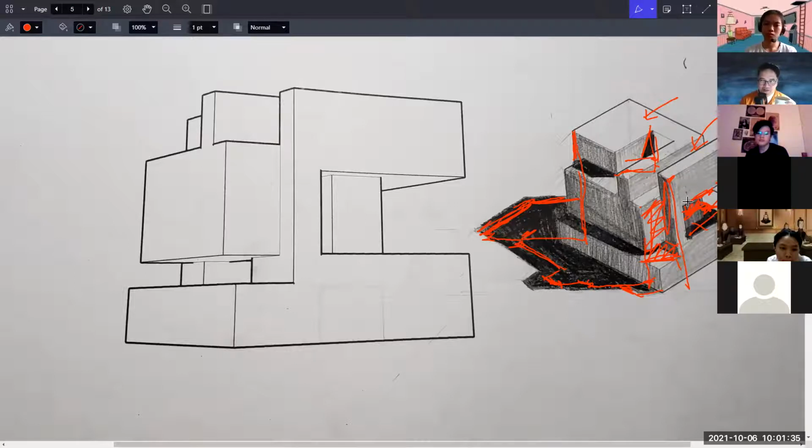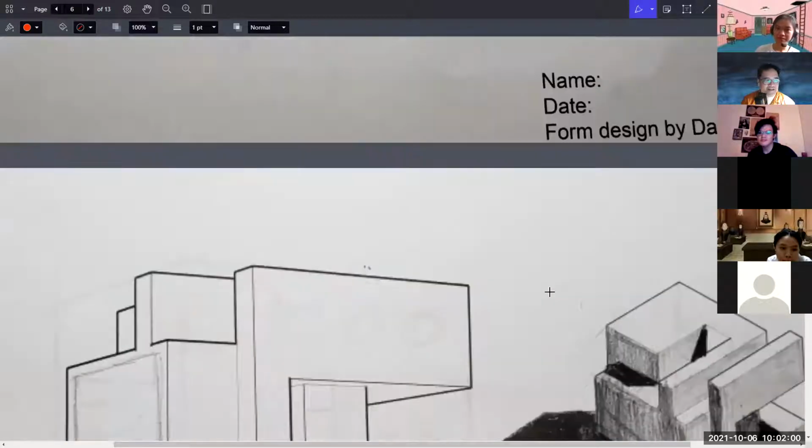What do you think? Should I give all of you the rest of the different types of configurations and orientation para mag-practice kayo ng shadow casting a bit more? It's fun. Now, how do you guys feel about this?